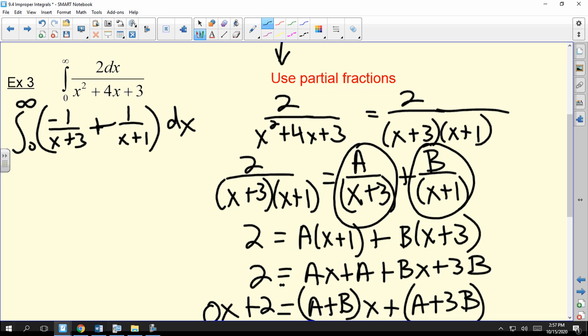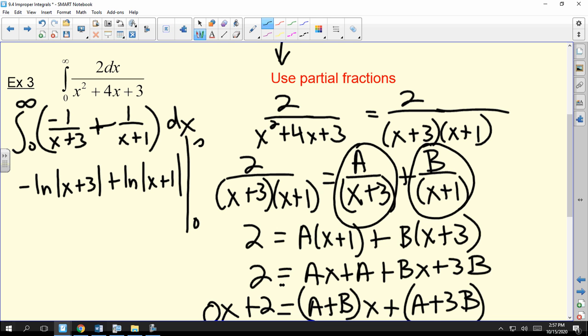Now we've got the integral of each of these, and we can separate it out. Let's just integrate these separately. So we've got negative ln of x plus 3 plus ln of x plus 1 evaluated from 0 to infinity.